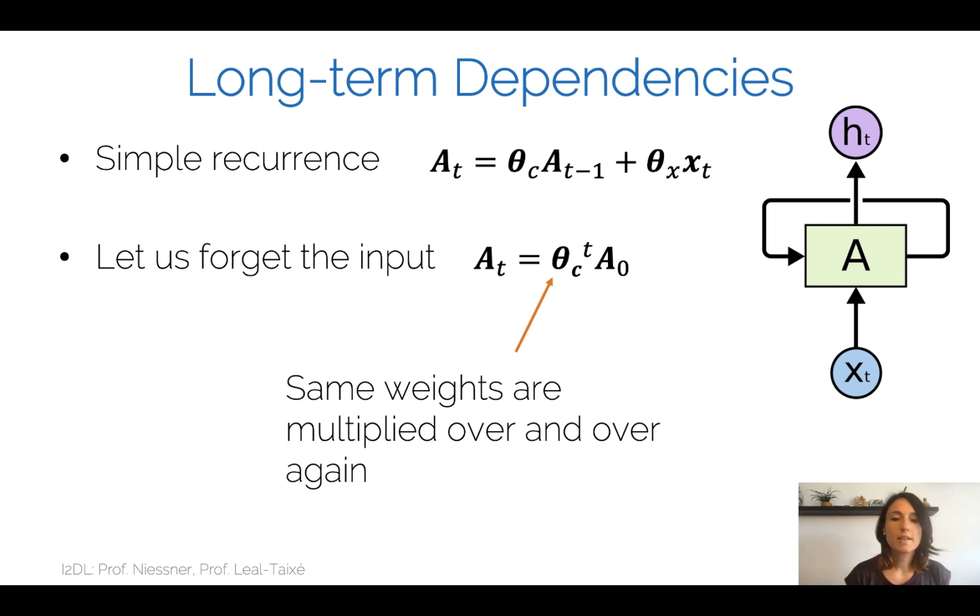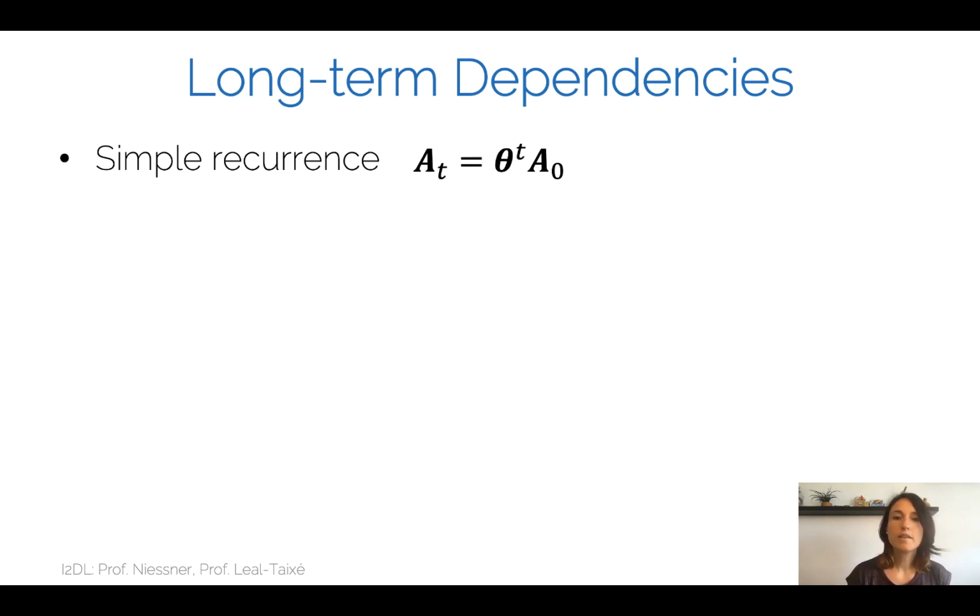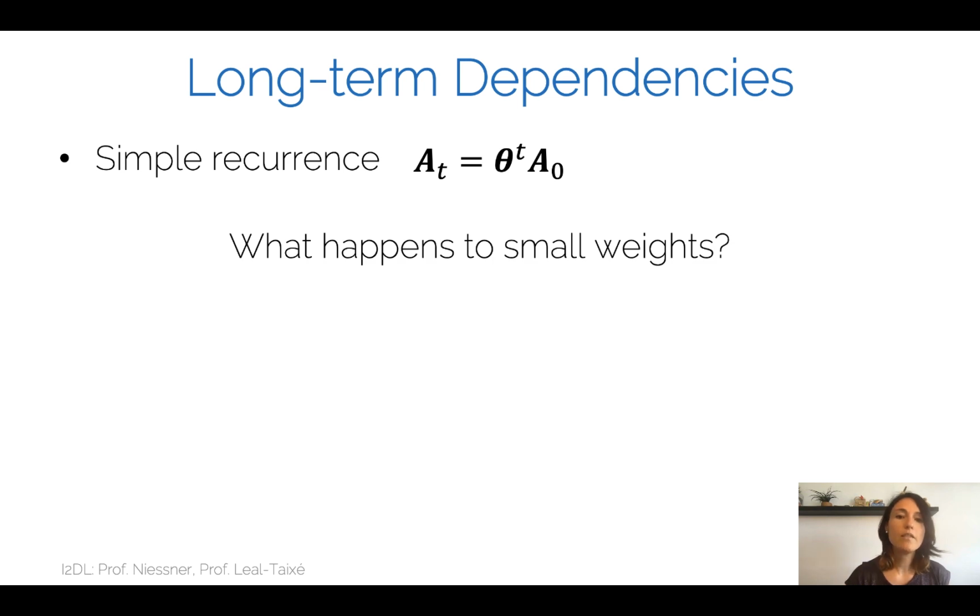Now, we can see here that what we're essentially doing is multiplying the same weights over and over again. And what can happen here is that if the weights are very small, let's imagine just the example of a small scalar, 0.1.